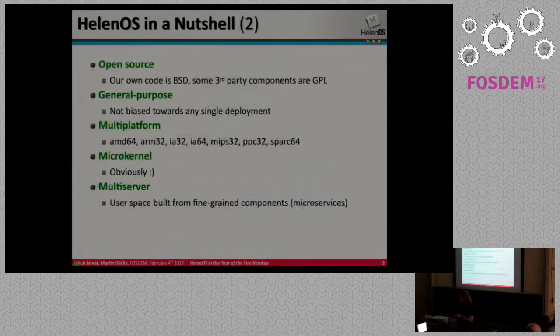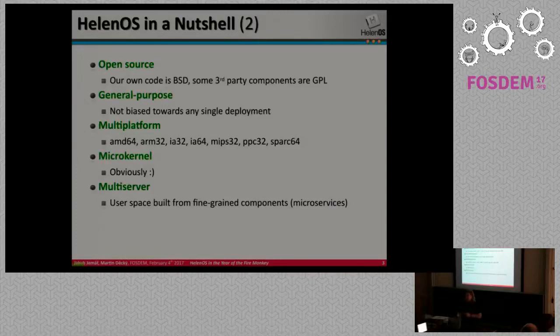Let's dig a little bit deeper. Open source means that the bulk of our own code base has the new BSD license, and we also use some third-party components which we don't link directly to, but which we use indirectly, which are under GPL.